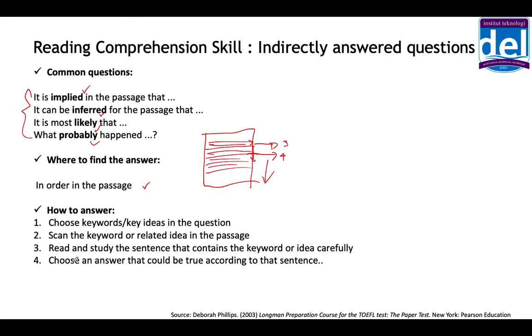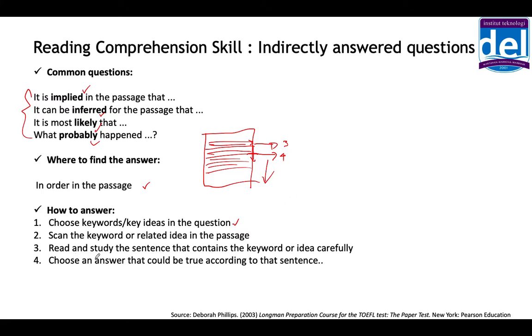And let's talk about how to answer this type of question. Again, this is very similar to directly answered questions. The first thing we can do is choose the keywords or key ideas in the questions. Next, we scan the keyword or related idea in the passage. In other words, we take the keywords or key ideas into the passage and read them very quickly.